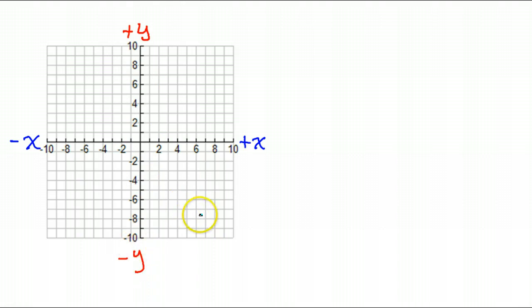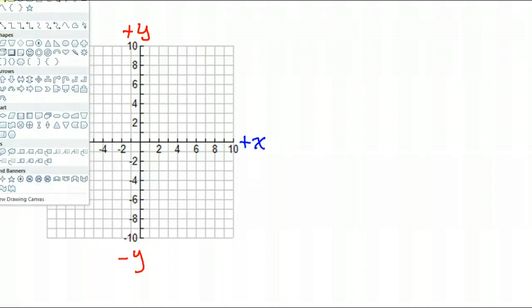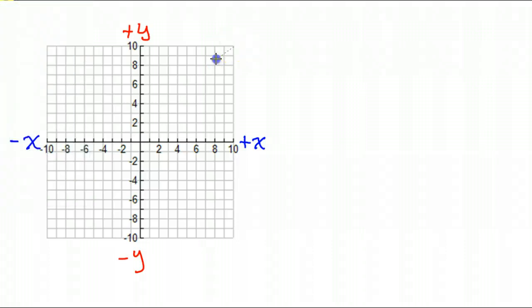Now, when we do an inverse, we've talked about the fact that you're taking a diagonal line, treating that as the mirror line, and flipping this over this line.